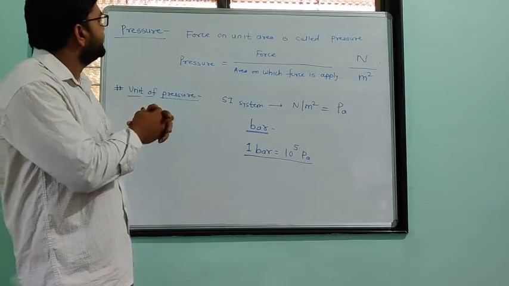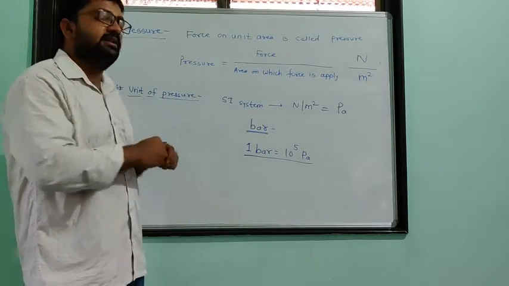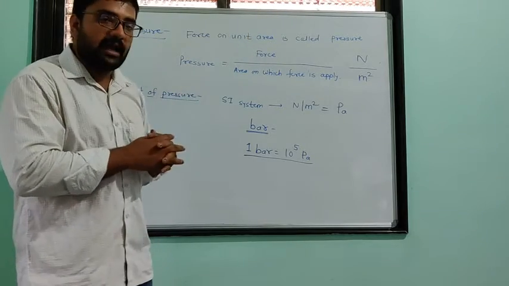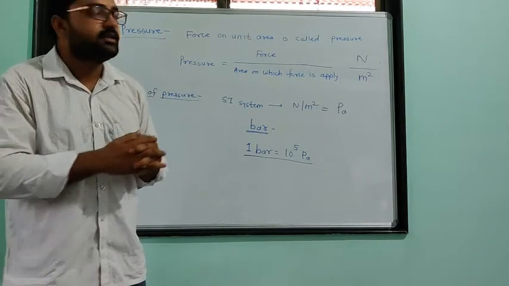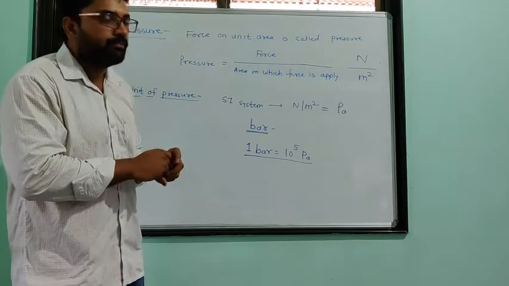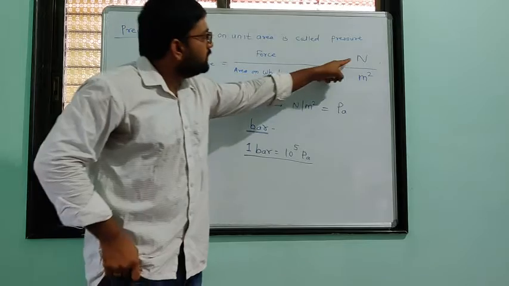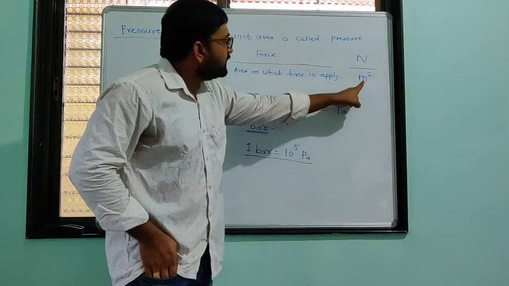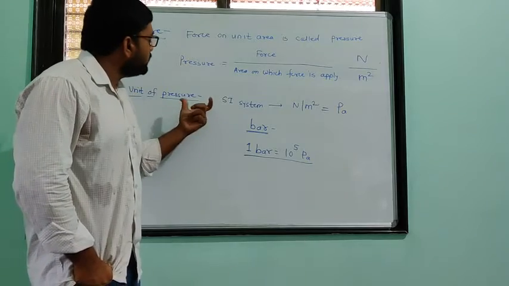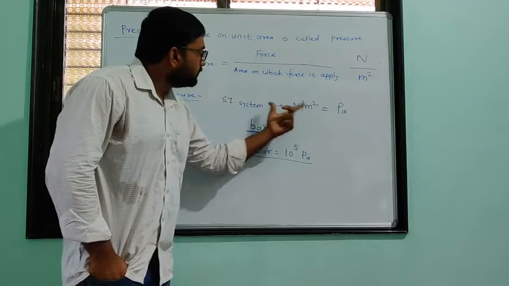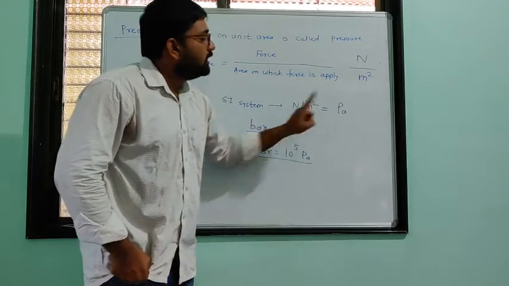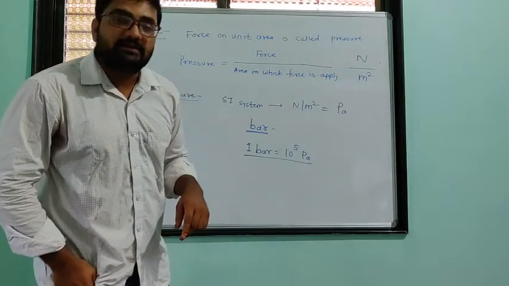The next important topic is pressure. Pressure is force on unit area, and the formula of pressure is force upon area. Force is measured in Newton and area in meter square. So in the SI system, the unit of pressure is Newton per meter square, also called a Pascal.